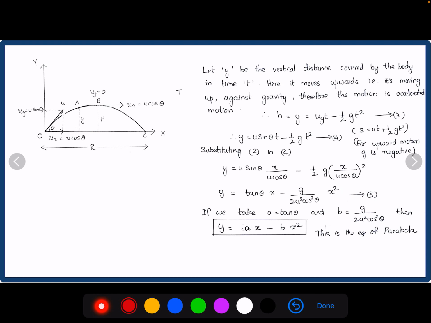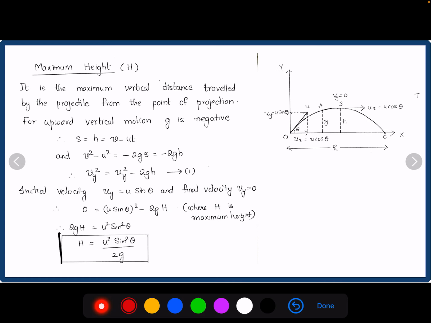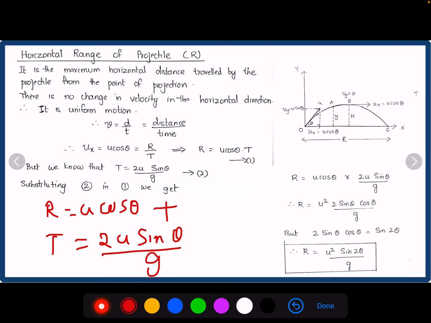Second, we have proved that the time of flight T is equal to 2u sine theta by g. Next, we have taken maximum height, that is h is equal to u square sine square theta by 2g. And the last one is range, r is equal to u square sine 2 theta by g.